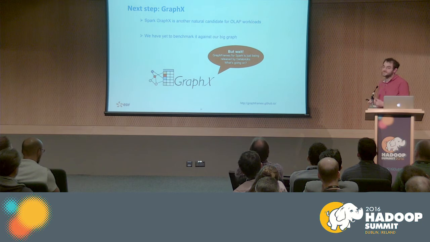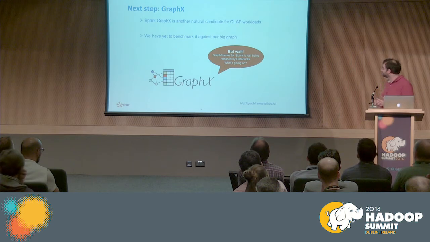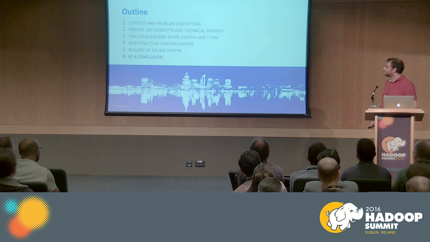Thing is, Databricks has announced the release of GraphFrames, which is clearly a competitor to GraphX, or maybe some layer running on top of it. It's not clear, so we don't really know what the situation is at the time. Maybe we have to change our minds. Another layer of complexity.